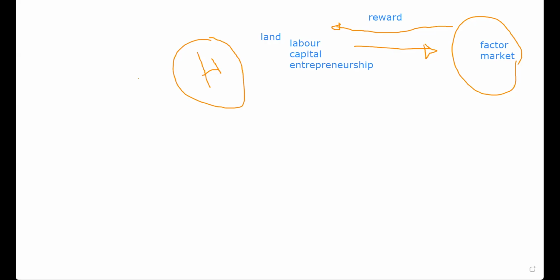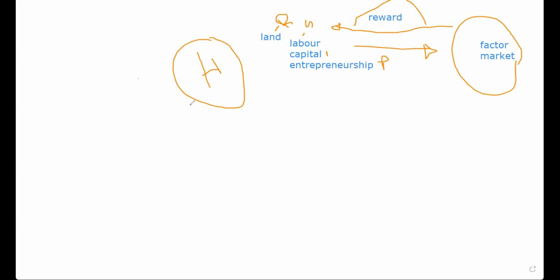What are those rewards? For land, you get rent, R. For labor, you get a salary or a wage, S. For capital, you get interest, I. And for entrepreneurship, you get a profit, P.